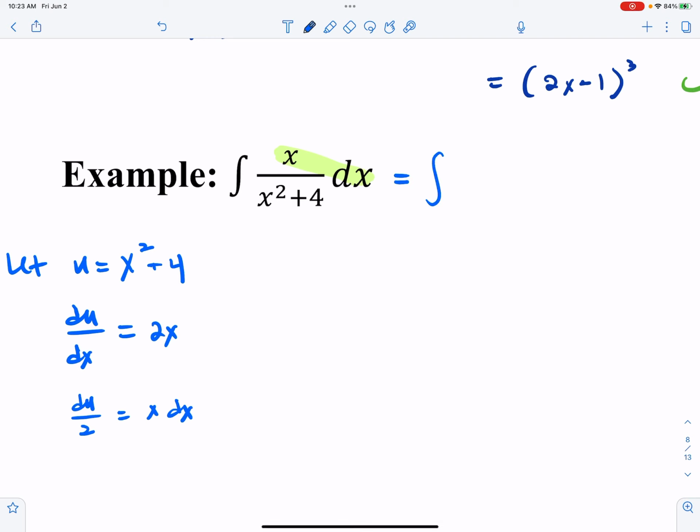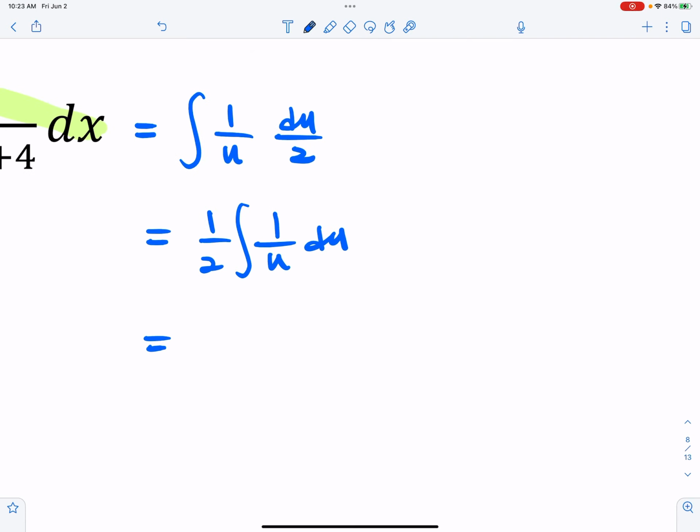So we would have the integral of 1 over u du over 2. Because we had let u equal x squared plus 4. And then to finish rewriting the integral, we replaced x dx with du over 2, which can also be written as 1 over 2 times the integral of 1 over u du.